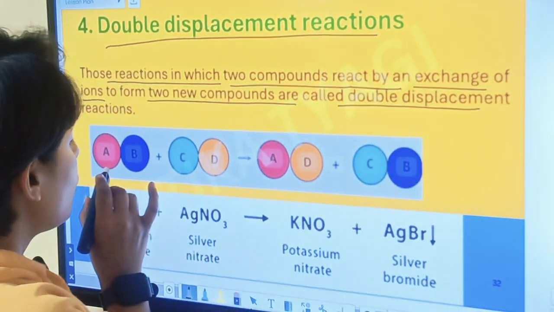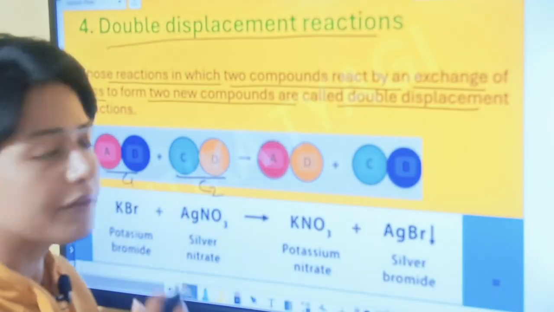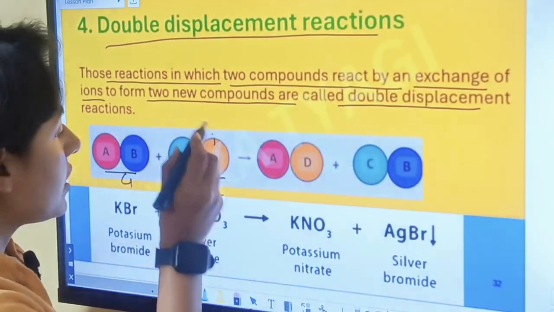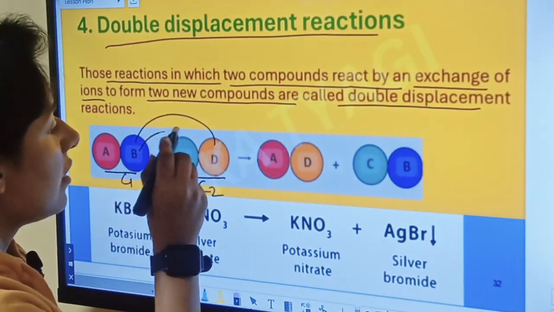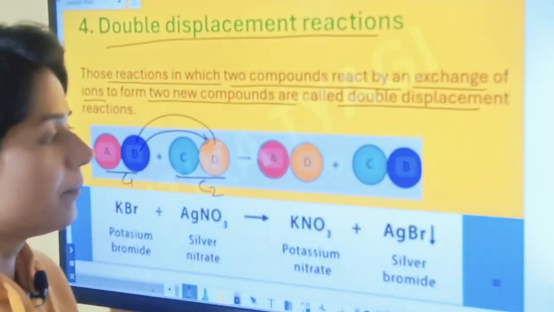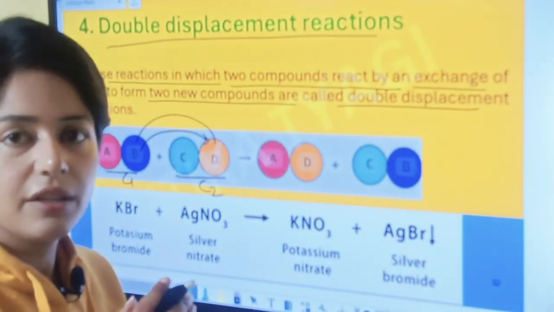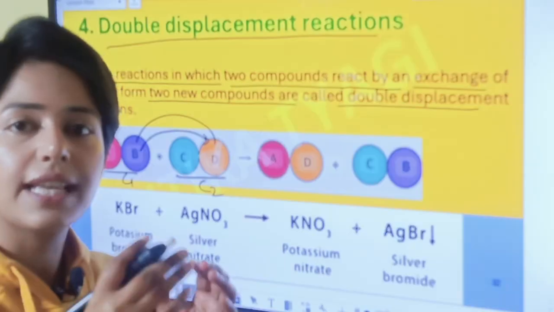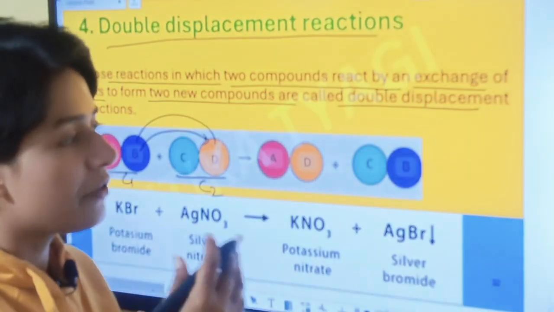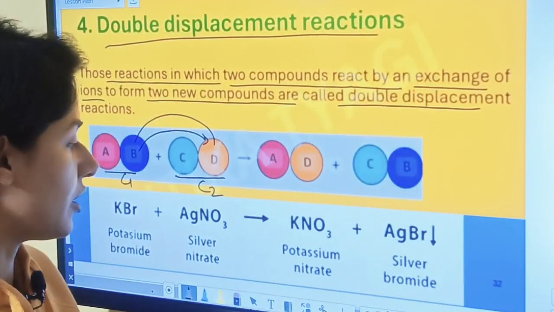Here compound 1 and compound 2 react with each other and exchange their ions, that is, B gets the position of D and D gets the position of B. As shown here, A combines with D and C combines with B. When two ions exchange their positions and we get two new compounds, it is a double displacement reaction.